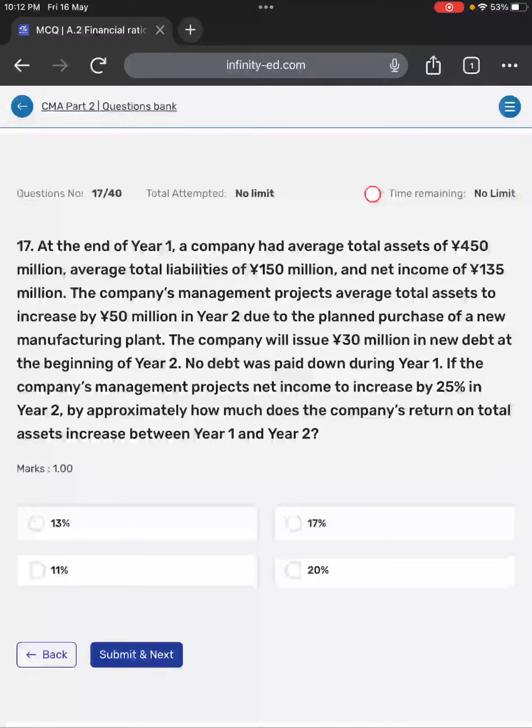This is the new income, and return on assets will be assets, year 2. Total assets, how much asset?